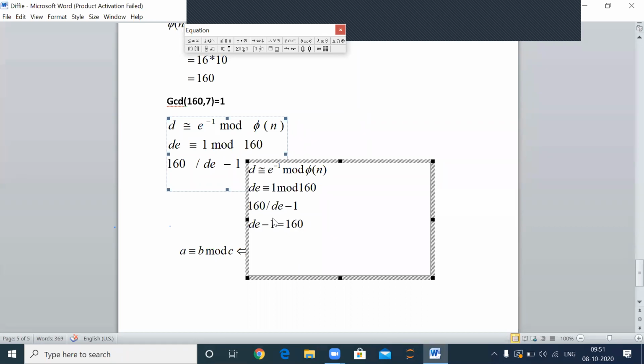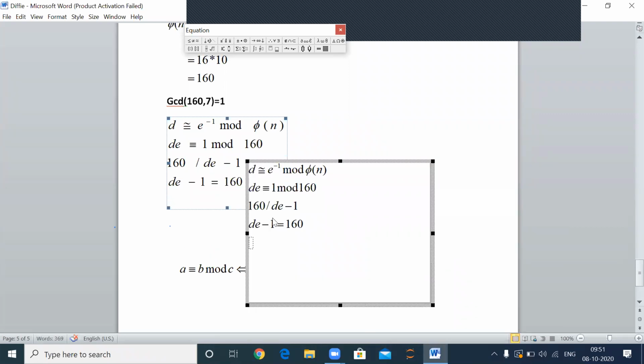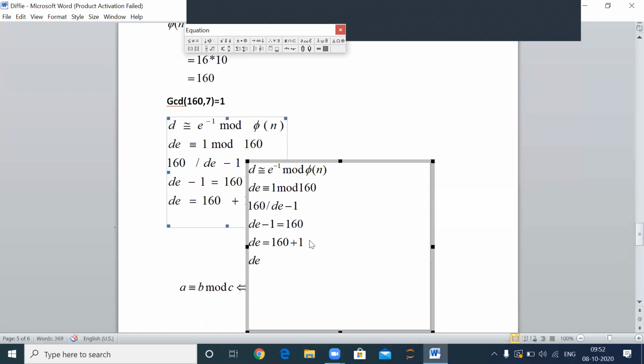This can be written as d e is equal to 160 plus 1, that is nothing but d e is equal to 161.